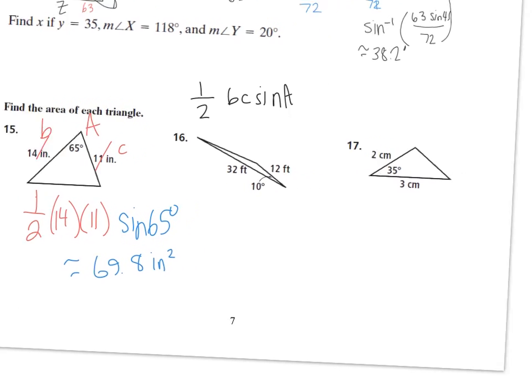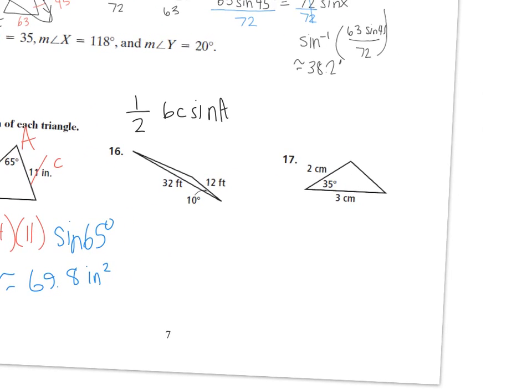Number 16. This is a side angle side situation because this side and this side make up this angle. So this is B and C, and this is going to be capital A. B and C are interchangeable. So I write 1/2 BC, which is 32 times 12, sine of 10 degrees.